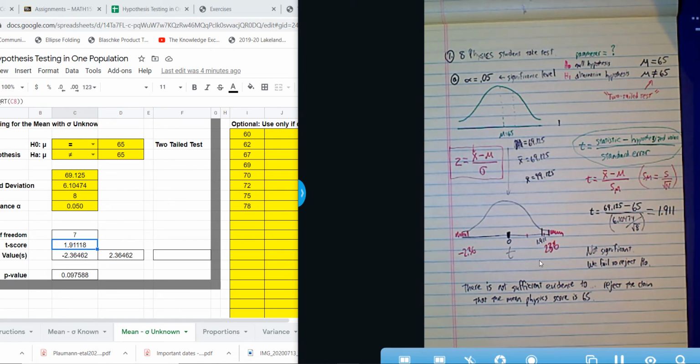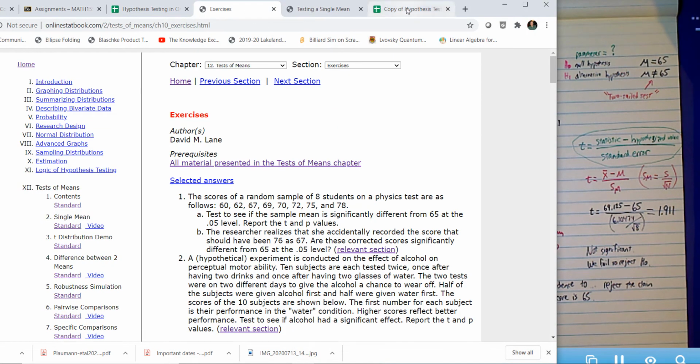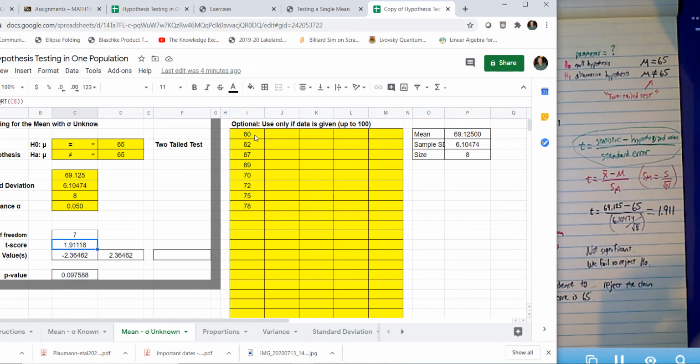I want to do one more thing here. Remember before when I said, what if we had a whole bunch of 90s? So maybe I'll do that. I'm going to change this to a 90 and change this to a 90, and maybe I'll just stop there. How would that have changed things? Well, notice that my mean went up to 76.625, and my standard deviation also went way up, 9.53096.